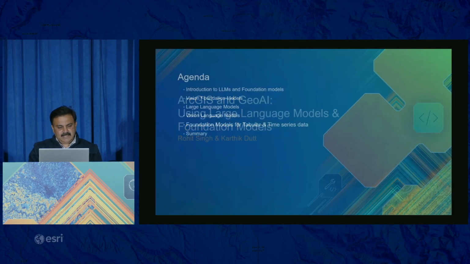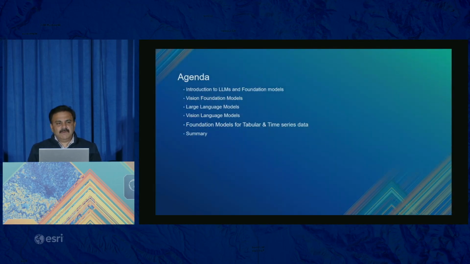So let's get started. So here's an outline of what we'll be going through, so you know what's coming. After a brief introduction to what are LLMs, how do we define a foundation model, and how they work, what makes them different from the prior AI models or the deep learning models. Then we'll break it down into the different data modalities, starting with vision models.